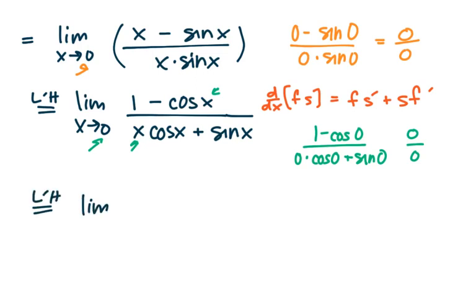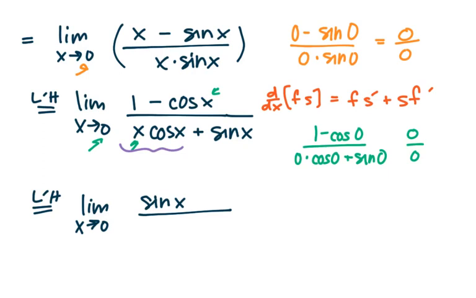We've got the limit as x goes to 0. The derivative of 1 goes away. The derivative of cosine is negative sine, so I end up with a positive sine in my numerator. I have to use my product rule here again.